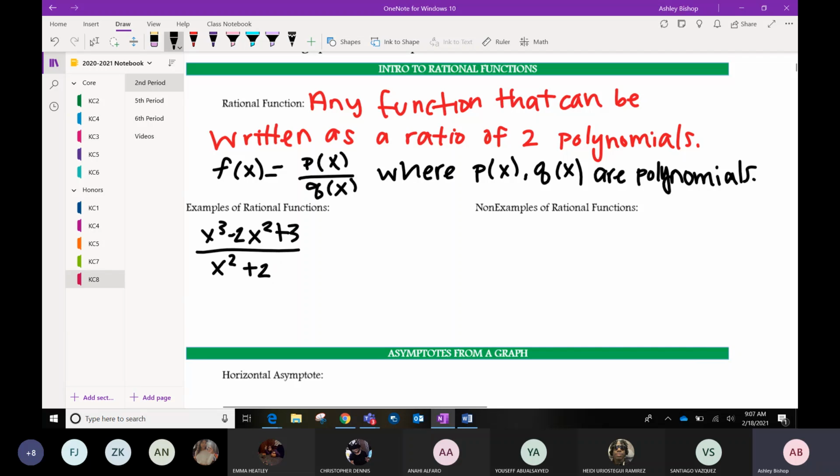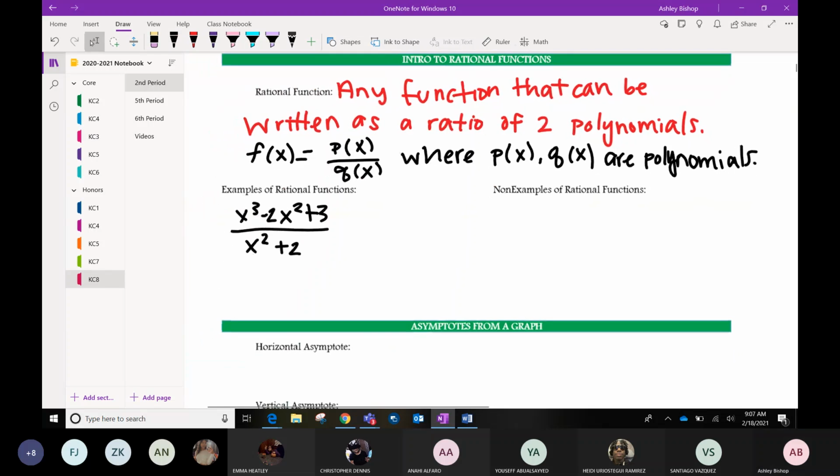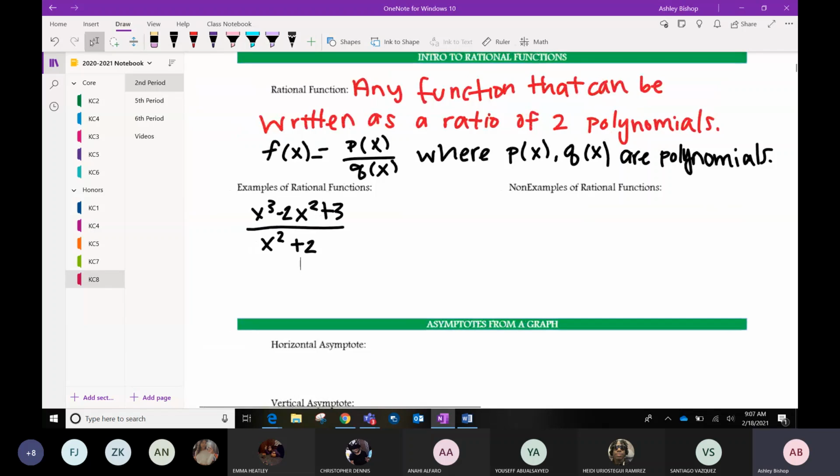So I have two polynomials. We know what polynomials are. We've been working with them all last unit. Two polynomials in a fraction, one on top, one on bottom. Alrighty. A rational function can be just one polynomial. So I can have just x to the fifth power minus 2x plus 3. I could have just one of them.